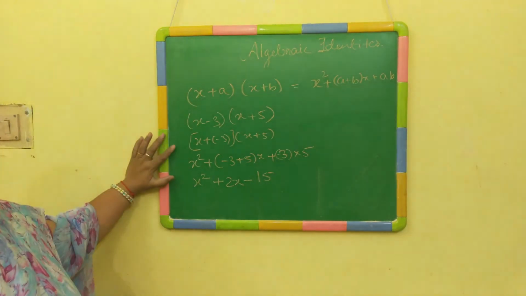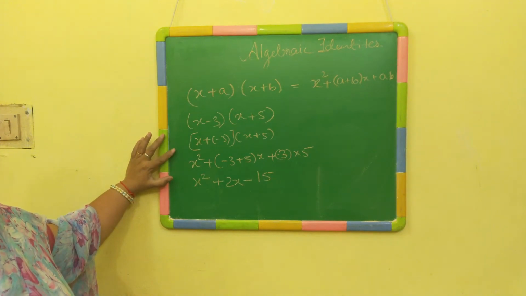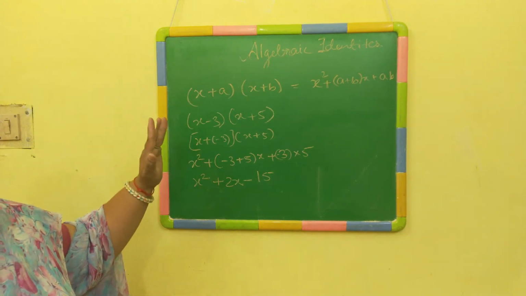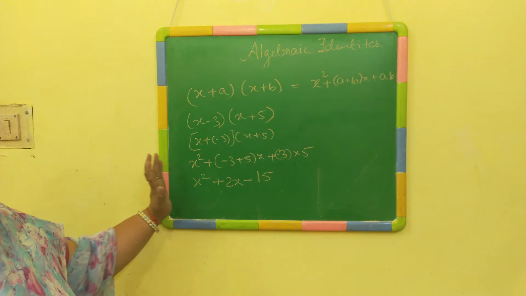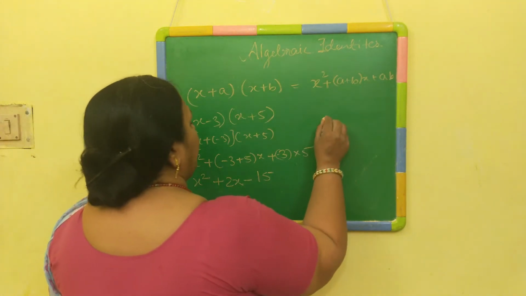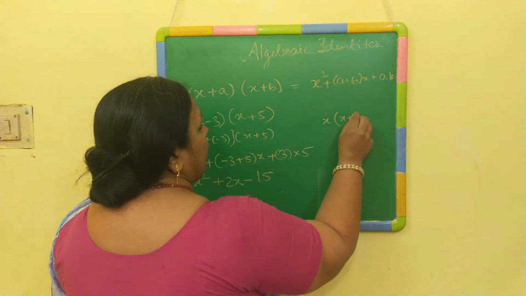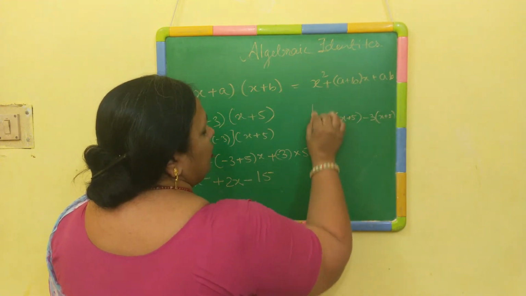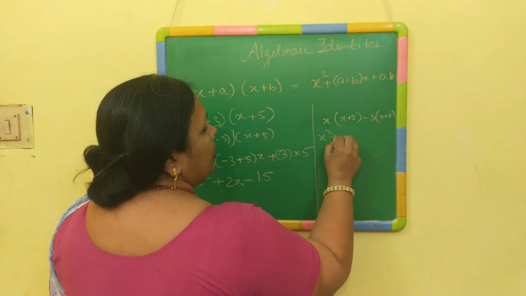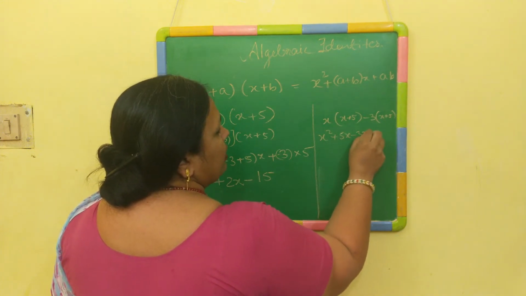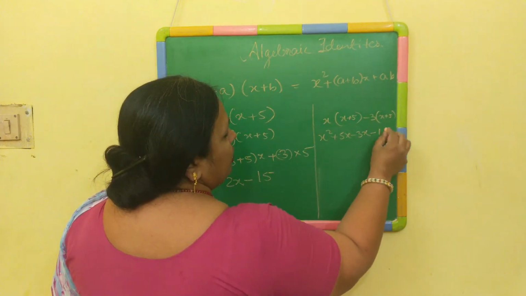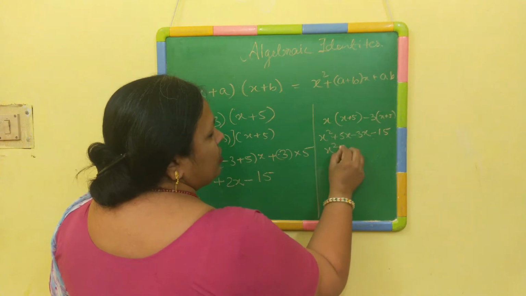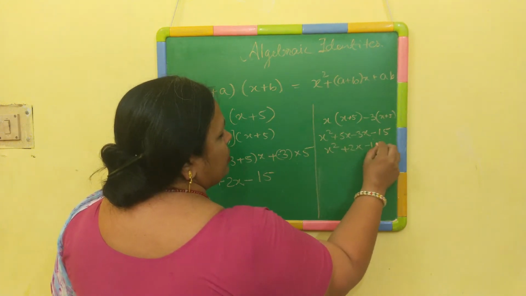Clear? This is the practical application, and if we are not exactly remembering what to do, in that case x is to be multiplied by (x plus 5), minus 3 into (x plus 5), which will lead to x square plus 5x minus 3x minus 15, which is x square plus 2x minus 15.